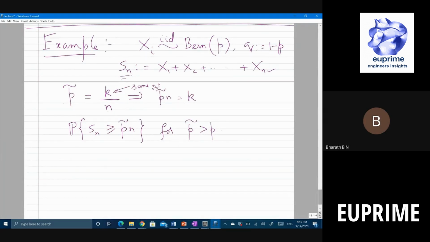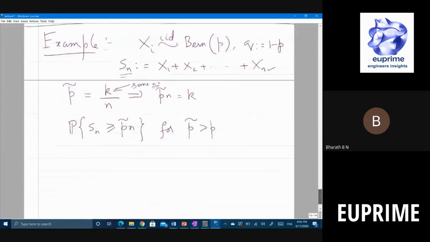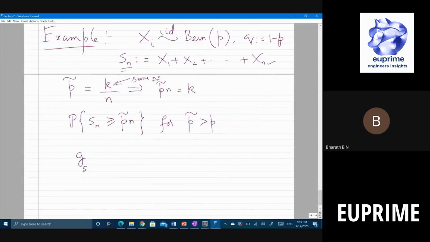What will happen to this thing? What is the notation that I have used? It's g_X of r. Let's look at g_Sn of r. What is this? This is the expected value of e to the r Sn. Yes, sir. This is nothing but the expected value of the product i equal to 1 to n of e to the power r xi. Do you agree? Yes. Agreed, right?